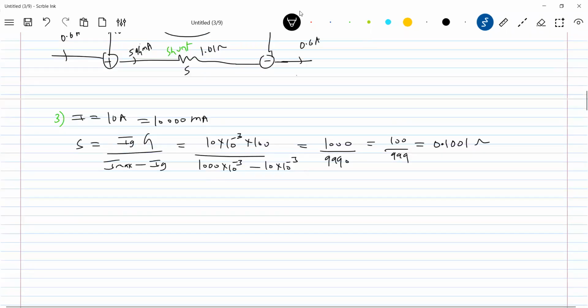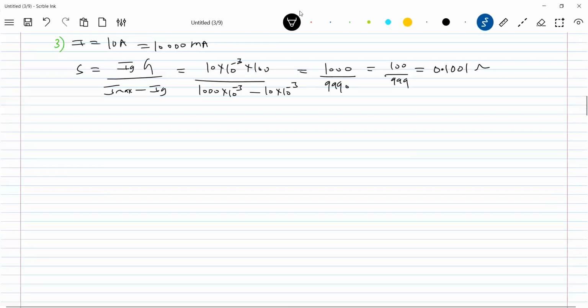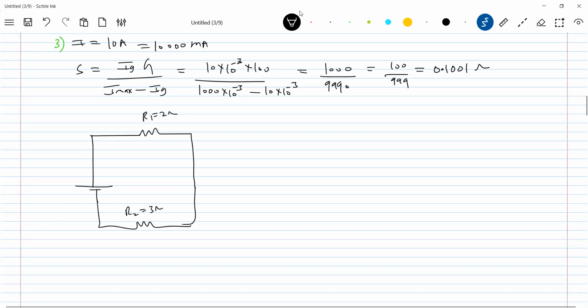Okay, this is overall. So let's see practically, if I use it, what problems I'm going to encounter. Afterwards, we need to show in detail the galvanometer and everything. There are two resistors. Let R1 be 2 ohm, R2 3 ohm.